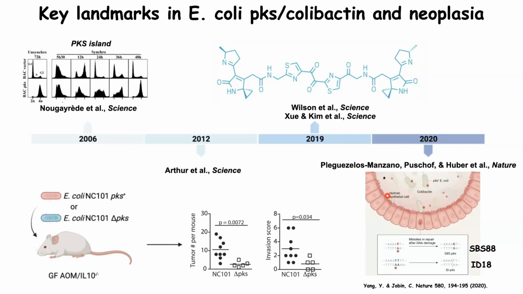After multiple rounds of exposure, they isolated the DNA from the epithelial cells and did whole genome sequencing to find mutations. If colibactin is important to create mutations, you should be able to sequence and see these mutations. What they found is that this pks positive E. coli was able to produce a very unique signature called SBS88, single base substitution 88, and also a short indel signature called ID18.